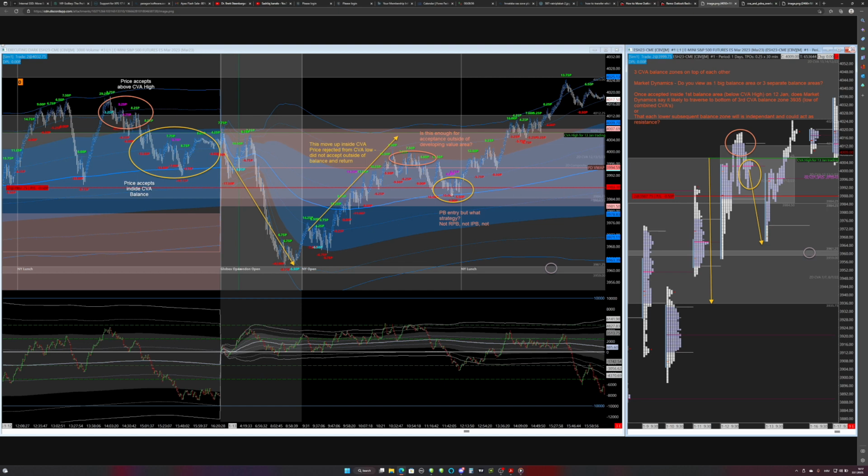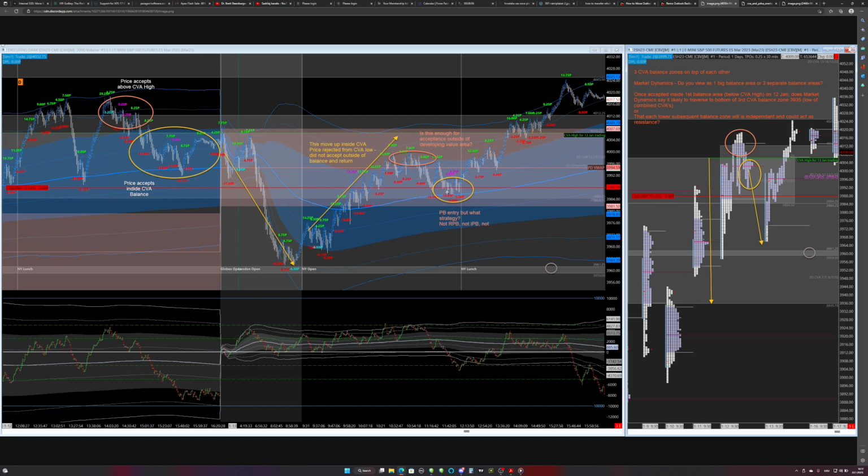So you have actually confluence in this area. You have confluence of previous day value area low. You have confluence of composite value area low. You have confluence of the VWAP, and VWAP is actually the POC, point of control, of this DVA.